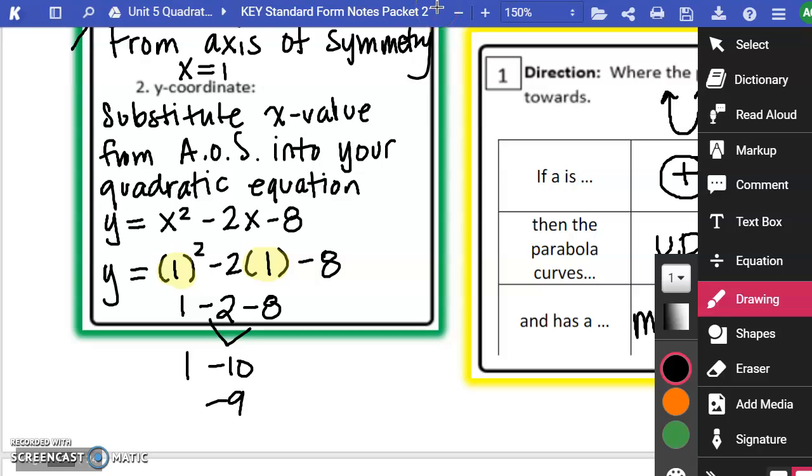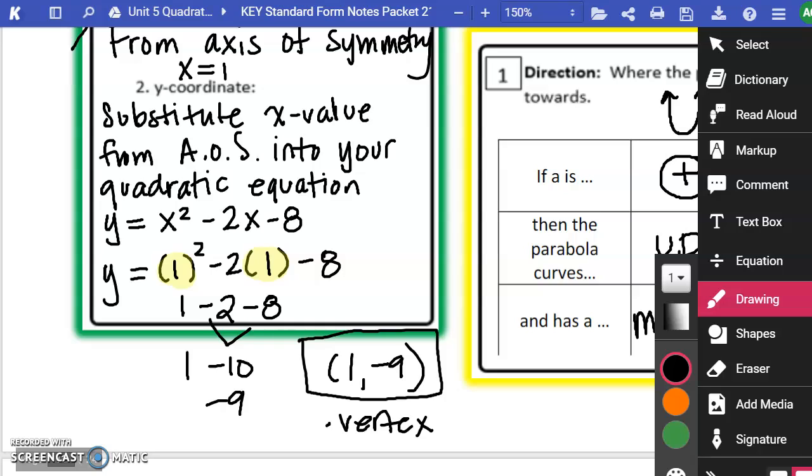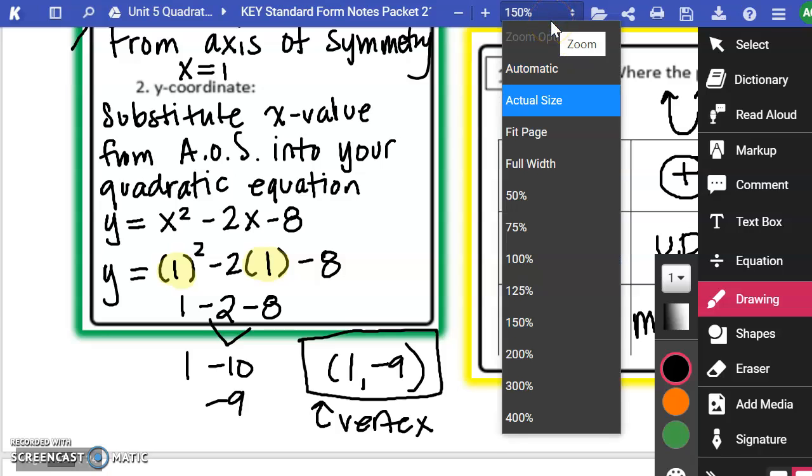So I haven't written my answer yet though. I have x and I have y. I have not reported the vertex until I put this together and I say that my answer is positive 1 comma negative 9. This is my vertex. Now let's check the graph that's already on this page to see if 1 comma negative 9 makes sense.